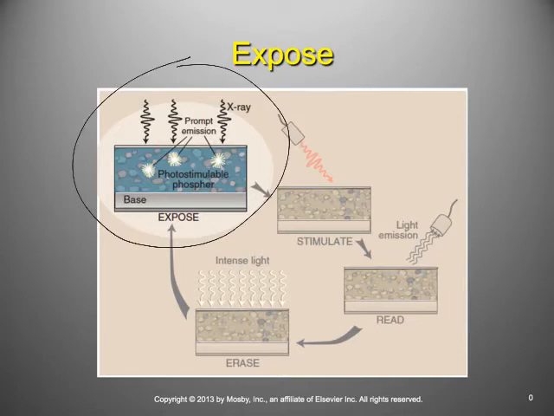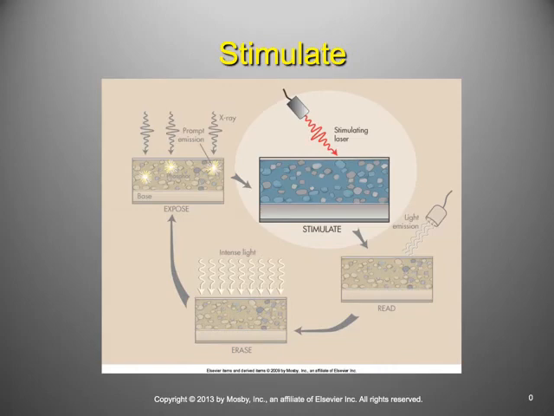Okay, this next part is what occurs inside of the reader. So the first part was what happens as we're taking the X-ray. This part is what happens when we insert the CR cassette into the reader. It scans over it with an infrared laser light. Okay, a lot of times they're a helium neon gas laser.